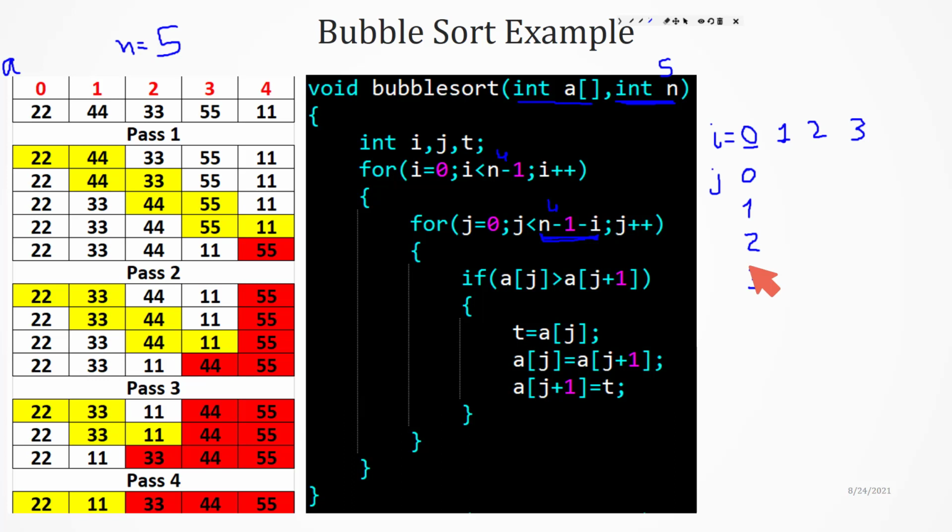Yes, sir. So when i is 1, what are the possible values of j? When i is 1, what is the value of n minus 1 minus i? 5 minus 1 minus 1, that is 3. Okay. Then now tell me, what are the possible values of j when i equal to 1?